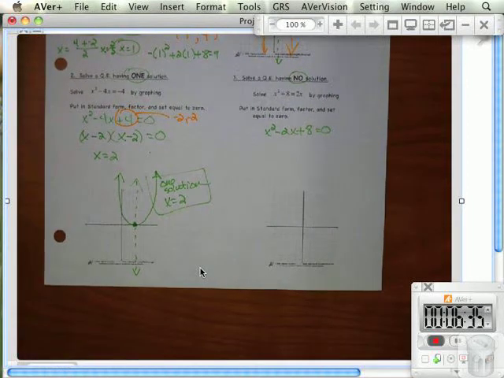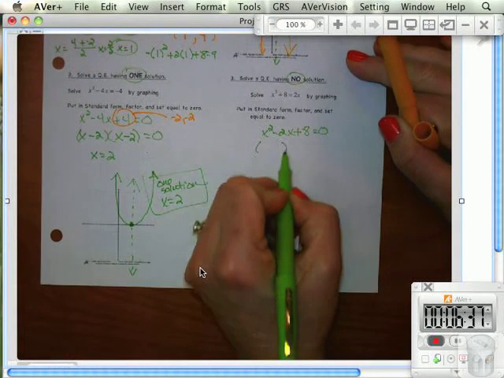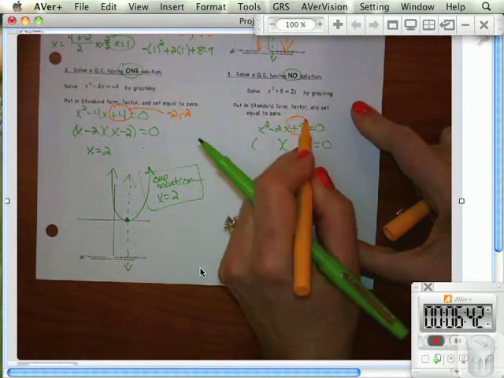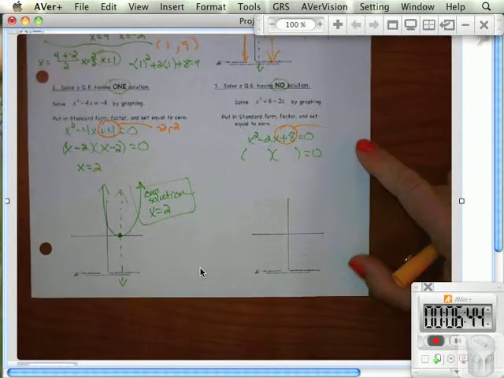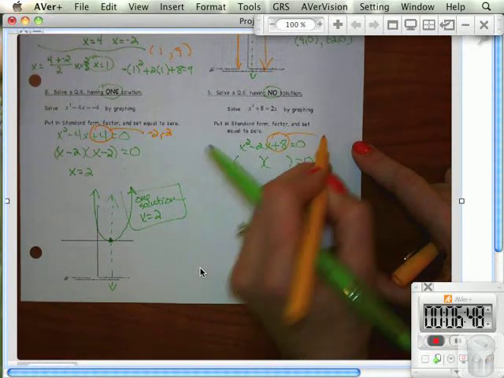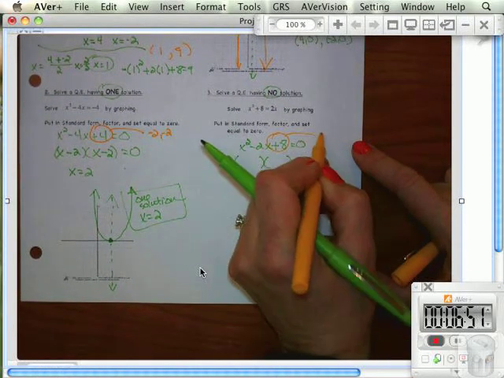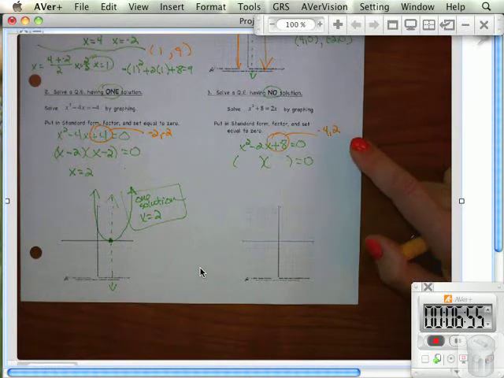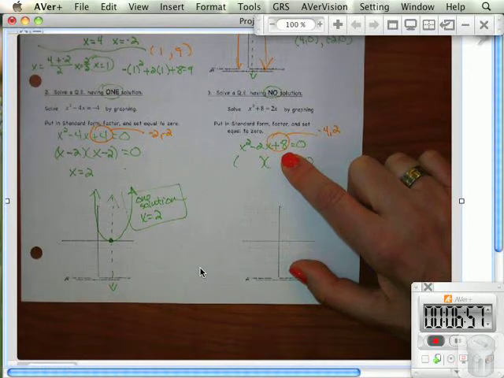Okay, are you ready? Let's see what happens here. Factors of 8 that add to negative 2. Let's try. If I do negative 4 and positive 2, what do they multiply together to be? Negative. That's not what we have.